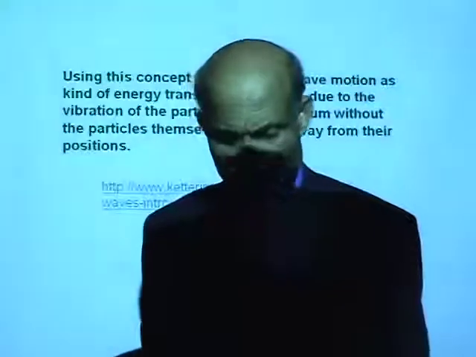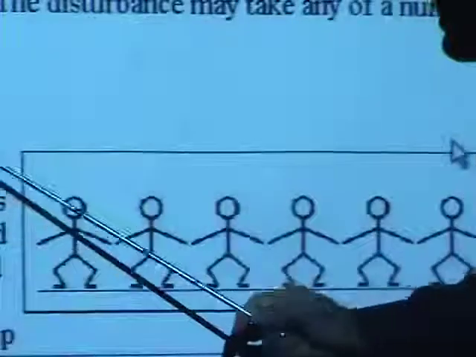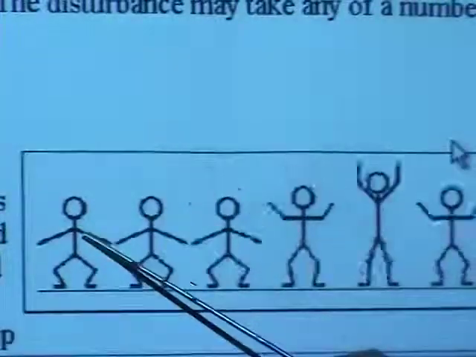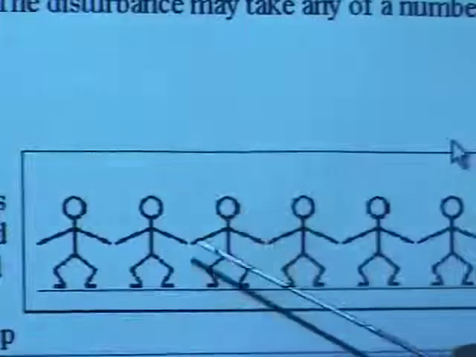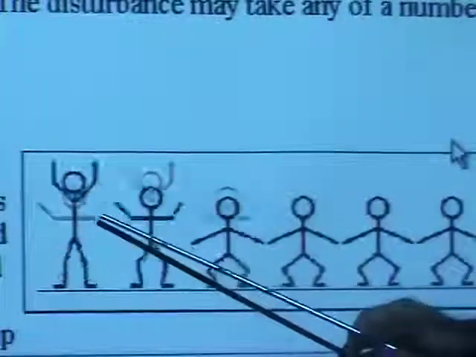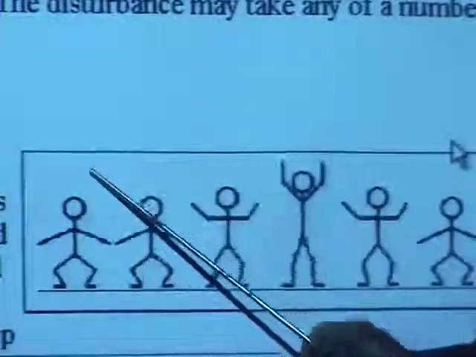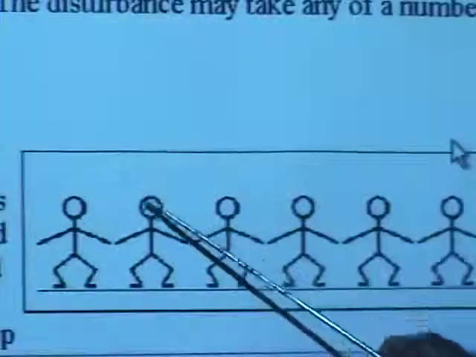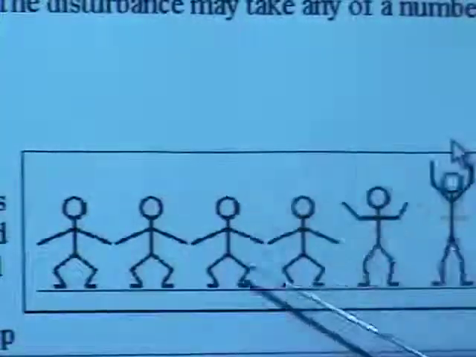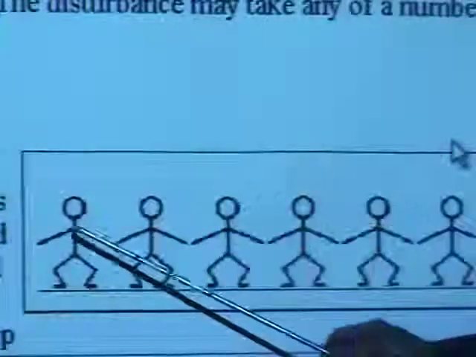Alright, now let me see if I can show an illustration to you. Here you have an example of a medium. I have constructed a medium here by lining up some students. You can see if they are holding hands, one goes up and down. Look at how the energy of vibration gets transferred. I'm going to call each student a particle.